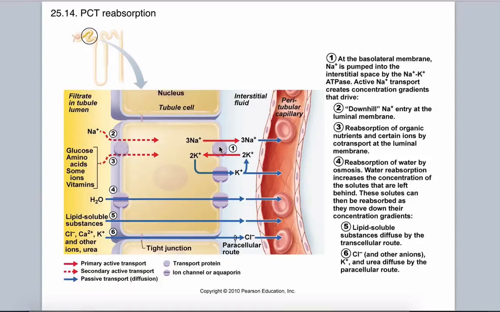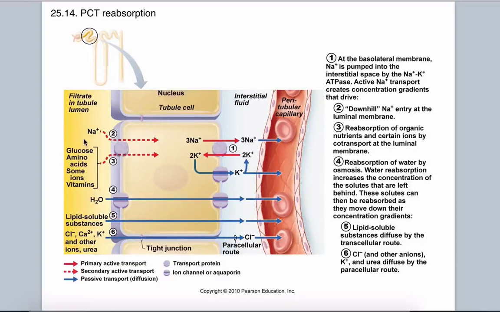This is the same old 3 sodiums out for every 2 potassiums in kind of pump that we've been looking at, but it's associated with this passive, facilitated diffusion, where there are leakage channels that allow the potassium to cycle through. Some of the potassium is going to get returned to the plasma, but the rest of it's just going to get shuffled right over to the pump.